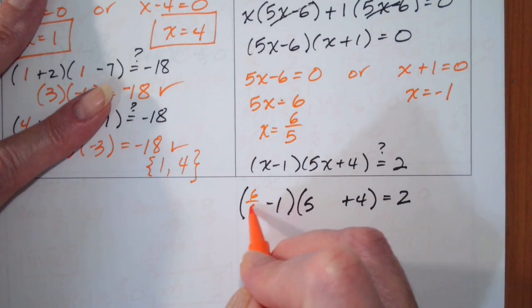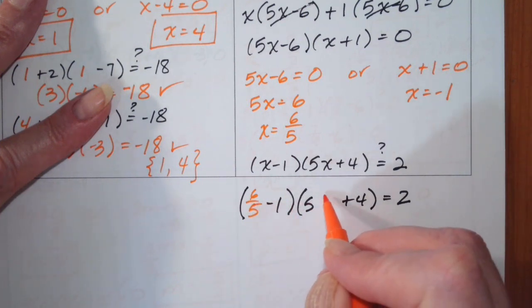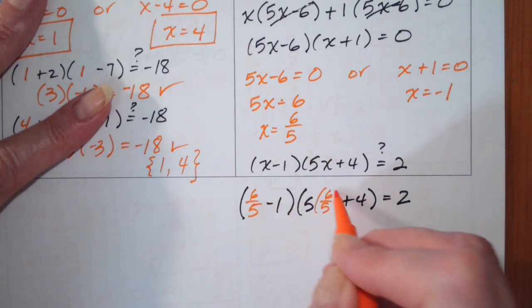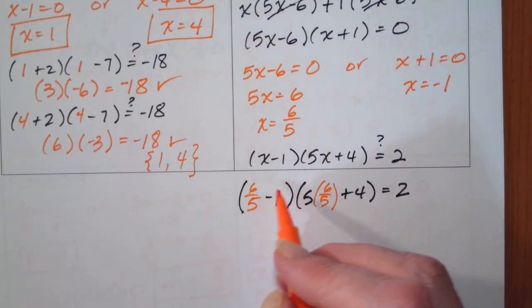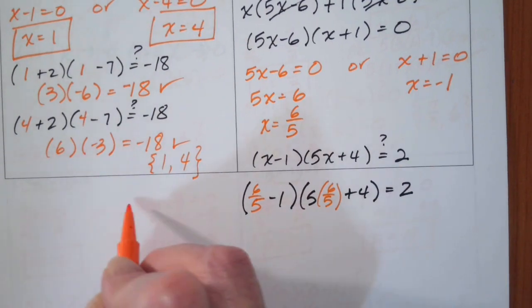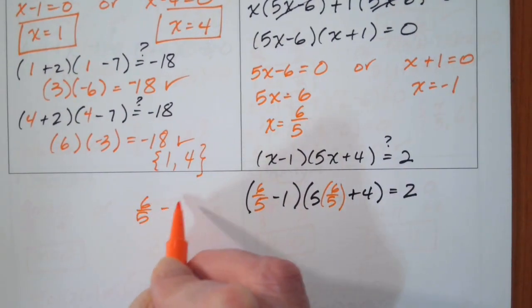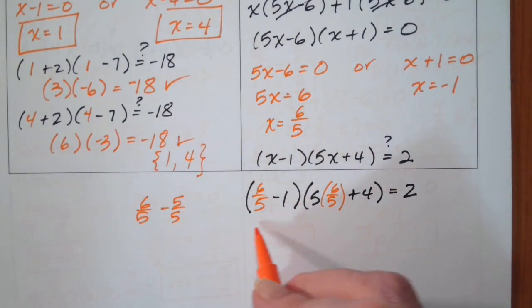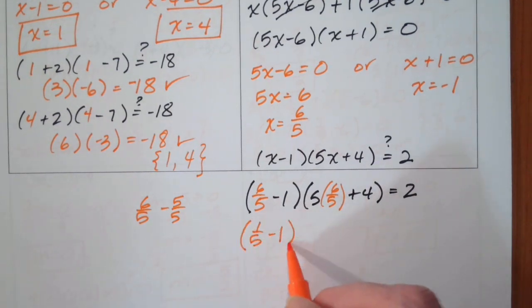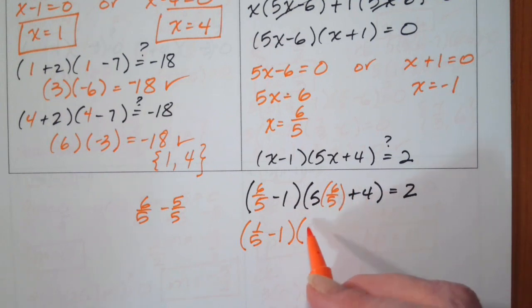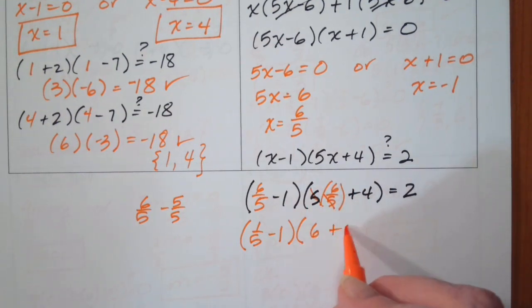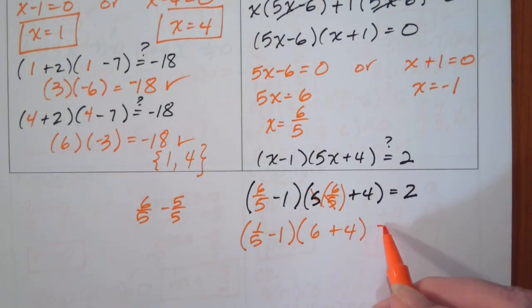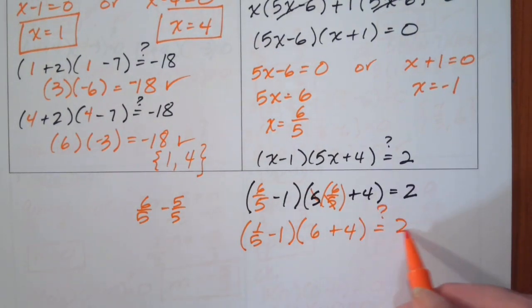Alright, so 6/5, 5 times 6/5 equals 6. Okay, 6/5 minus 1 is going to be 6/5 minus 5/5. So that gives me 1/5 times 6 plus 4. And I want to know if that's equal to 2.